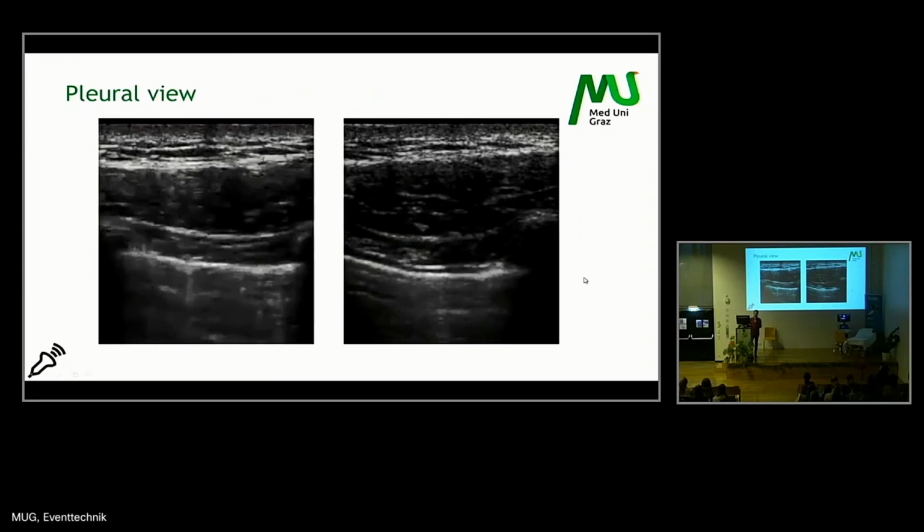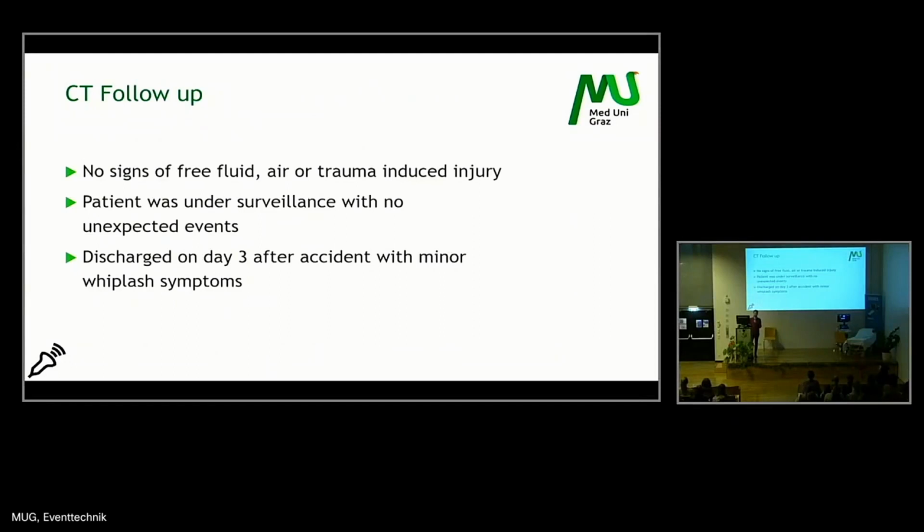This is a very basic and very common case for every emergency room because there was no sign of free fluid. The patient was under surveillance. CT showed no signs of intra-abdominal or intra-thoracic injury, and the patient was discharged just 3 days later.